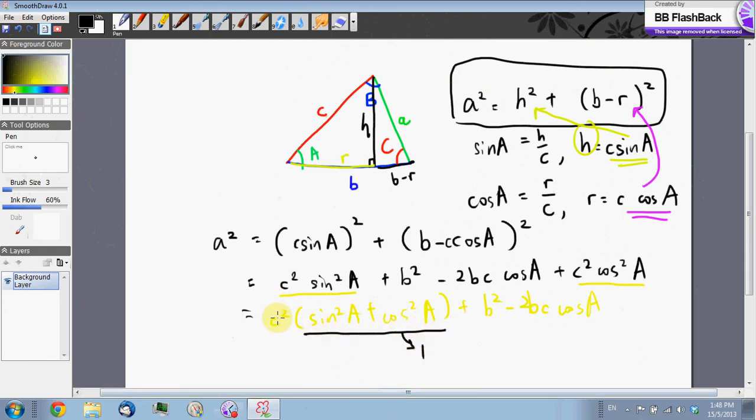It's a trigonometry identity. So we get C square plus B square minus 2BC cosine A. So this is the proof for the cosine rule.